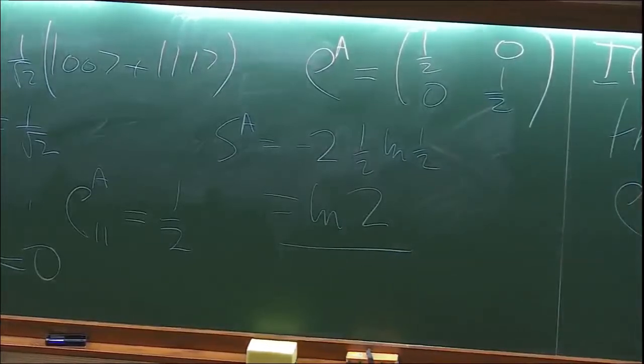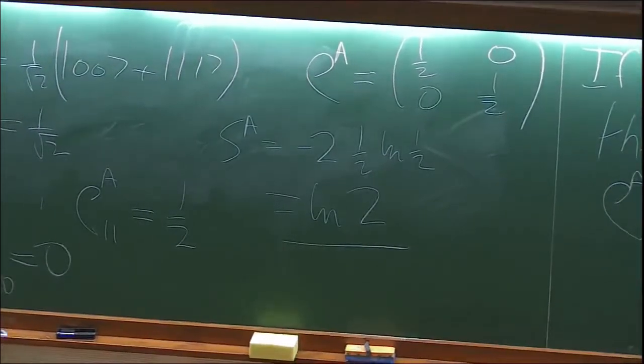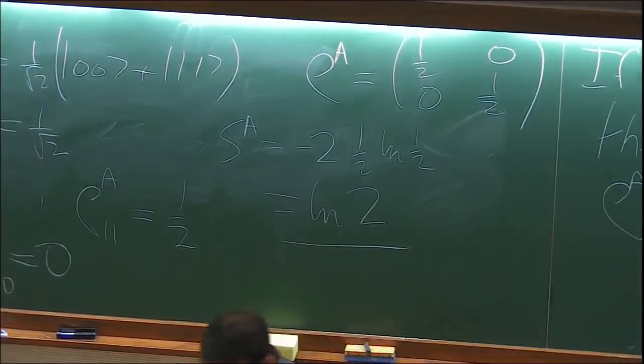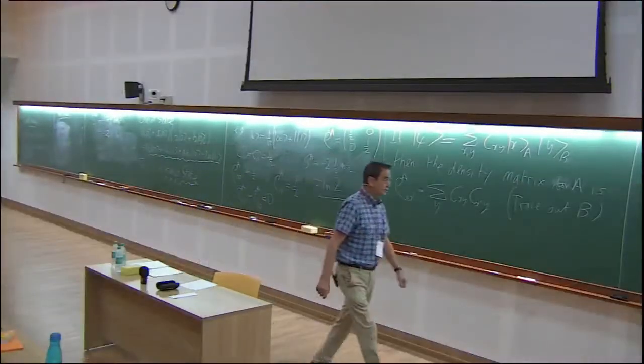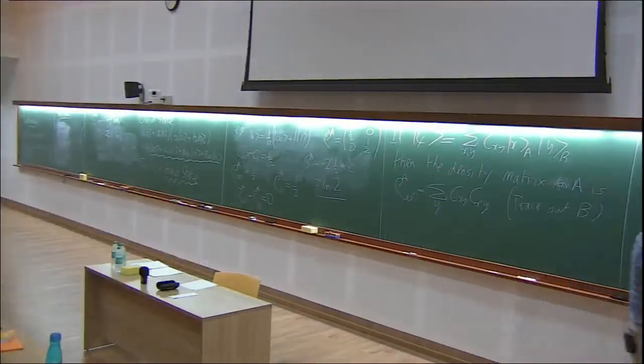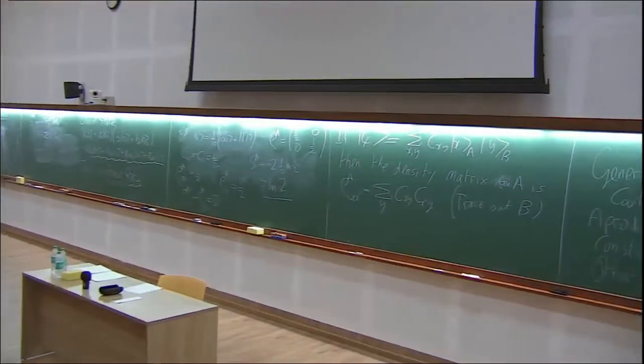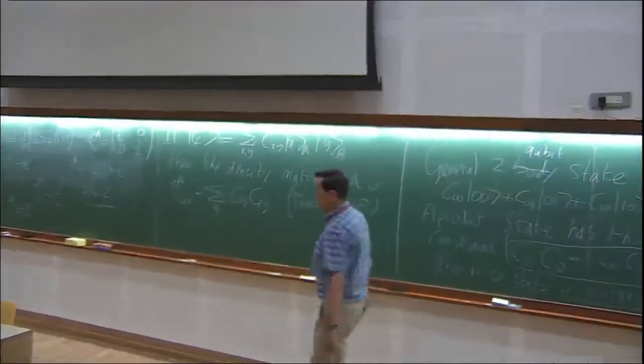For a system with 2 states, this is the maximum possible entanglement entropy. But one can have other partially entangled states where you get an answer in between 0 and log 2. So as I say, the homework exercise is to show that for a product state which satisfies this condition, the entanglement entropy is 0.